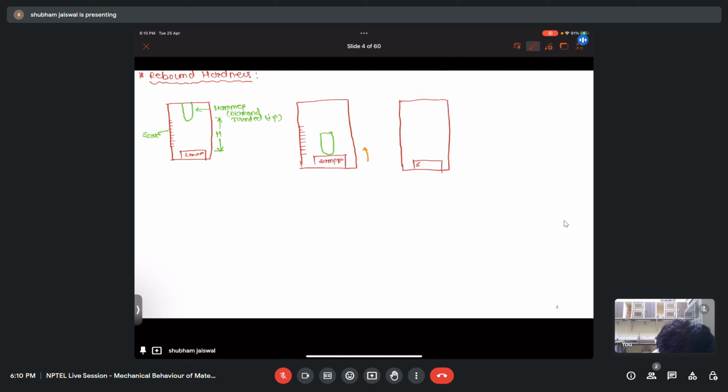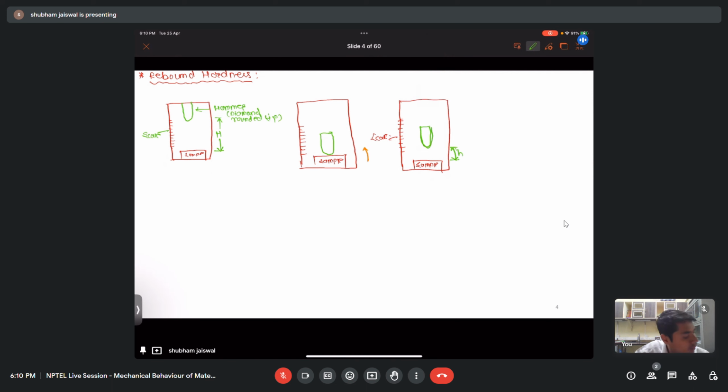Let's say this is my scale. Let's say this much my hammer, with the distance of small h, has rebounded.